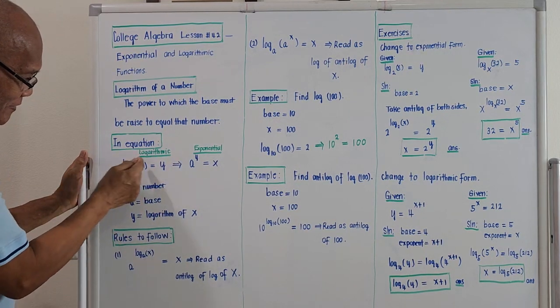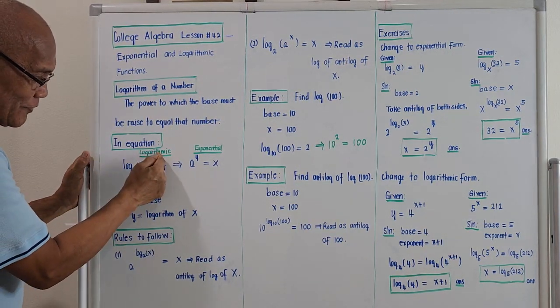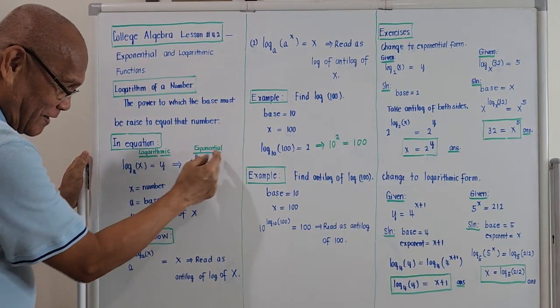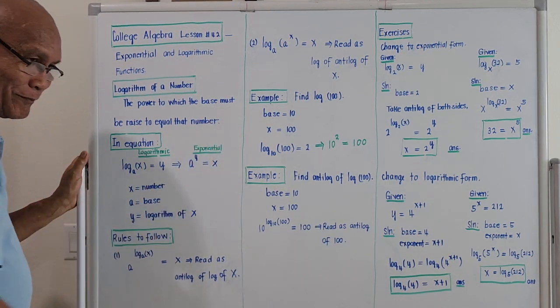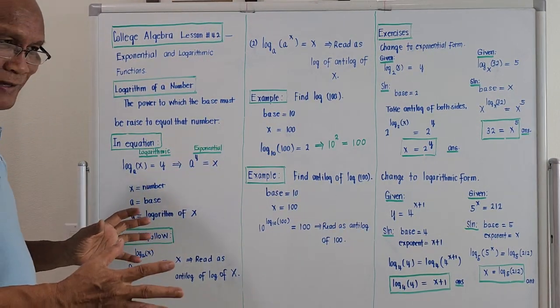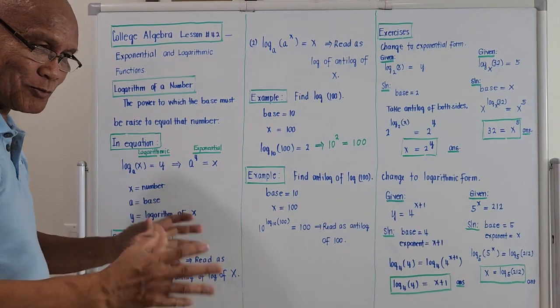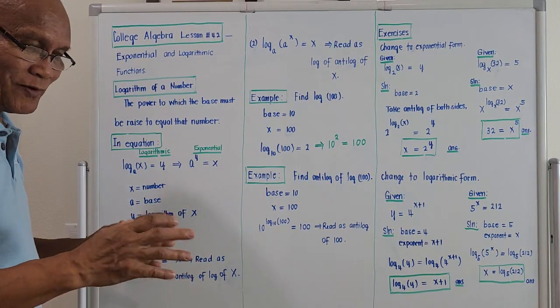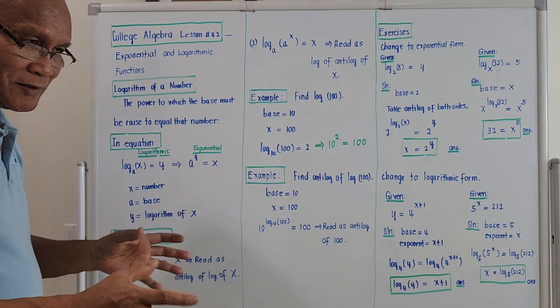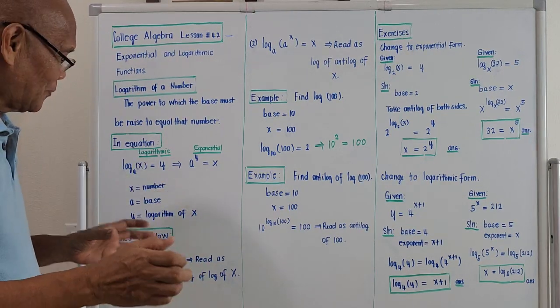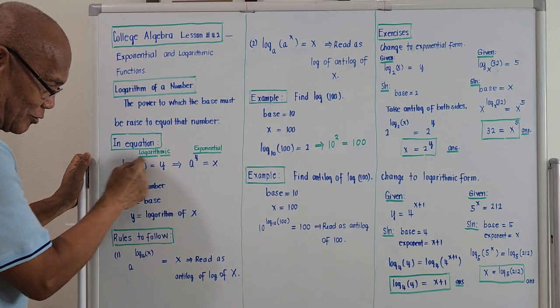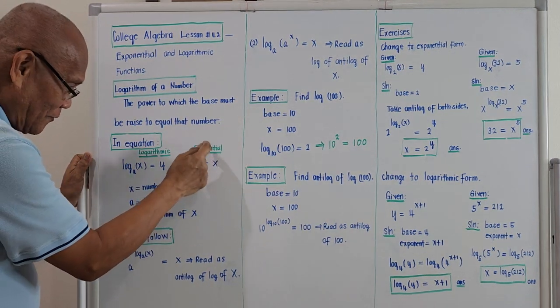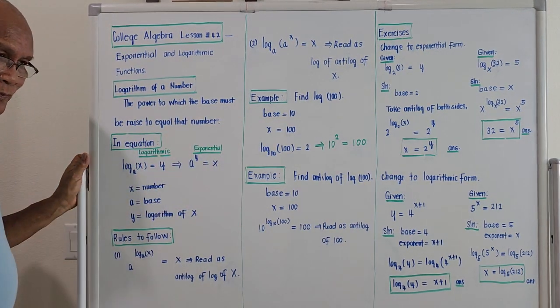On the left hand side, this is the logarithmic form, and on the right hand side, it is the so-called exponential form. So actually, logarithmic and exponential are related, right? There will be a problem in algebra that will ask to change from logarithmic to exponential or from exponential to logarithmic.